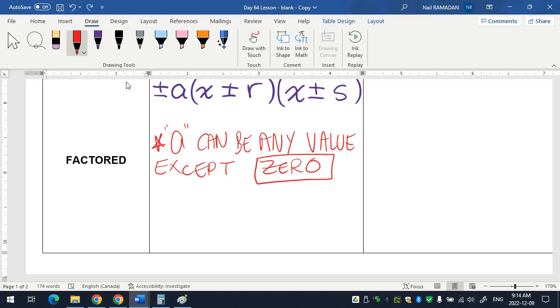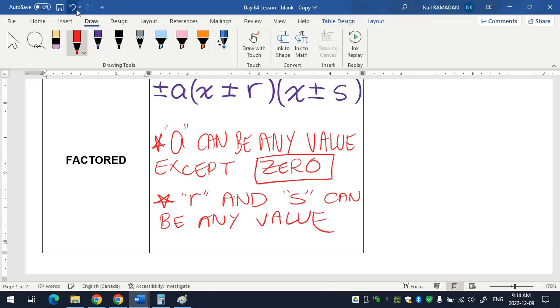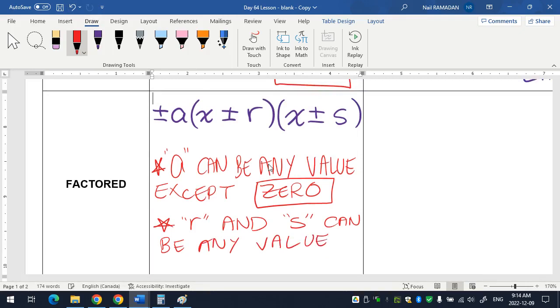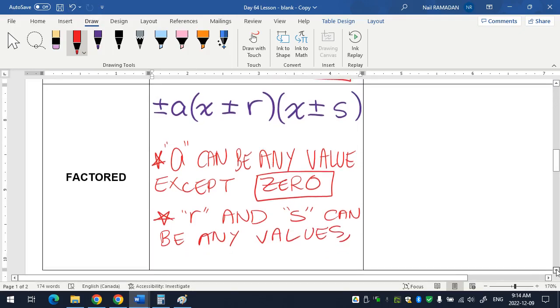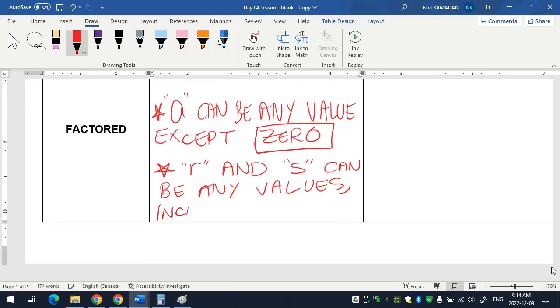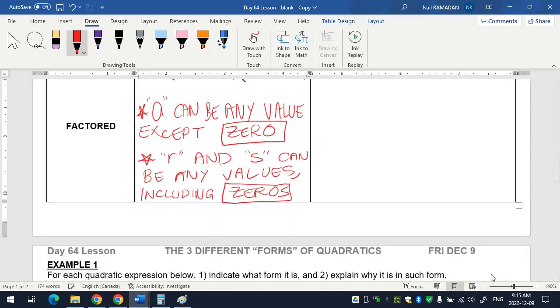R and S can be any values, any values, including 0. All right. Time for examples.